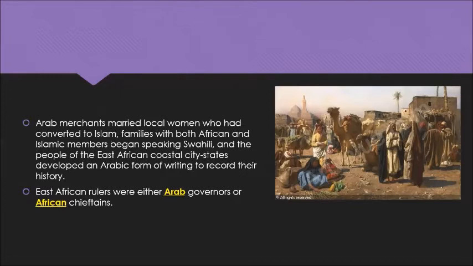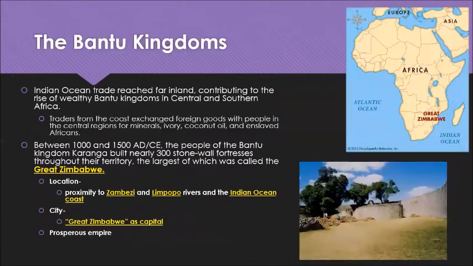We're going to have the language of Swahili coming in, which is an East African coastal area language. We're also going to have rulers who either have Arab ancestry, and we're also going to have the African chieftains. We're going to have all of this intermingling with powers ruling the East African regions.